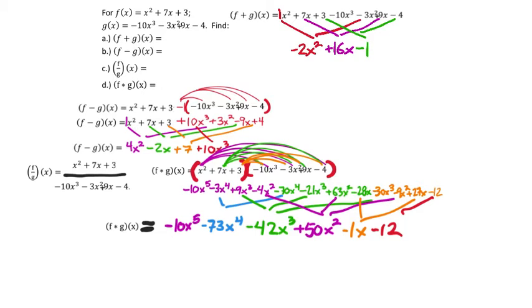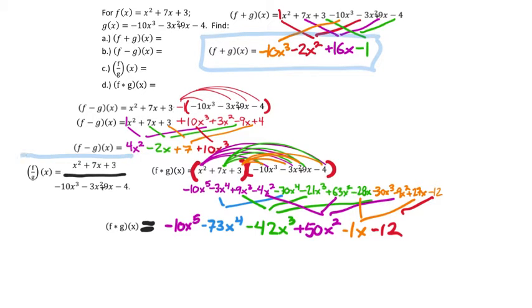Last value I have here is this negative 10x cubed. I'm going to write this in descending order, although I do not believe that you have to do that. So this right here would be the final version of f plus g of x. So now that I have these, I now have all 4 of those answers. F plus g of x.